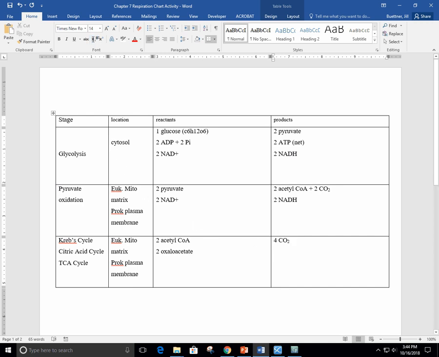But 2 oxaloacetate also are produced by the end. So if you have the same thing on both sides of the equation, you can sort of cancel that out. But you need to know what oxaloacetate is. It's the molecule that originally binds to the acetyl-CoA in the first step of the Krebs cycle, and then it's regenerated in the last step.